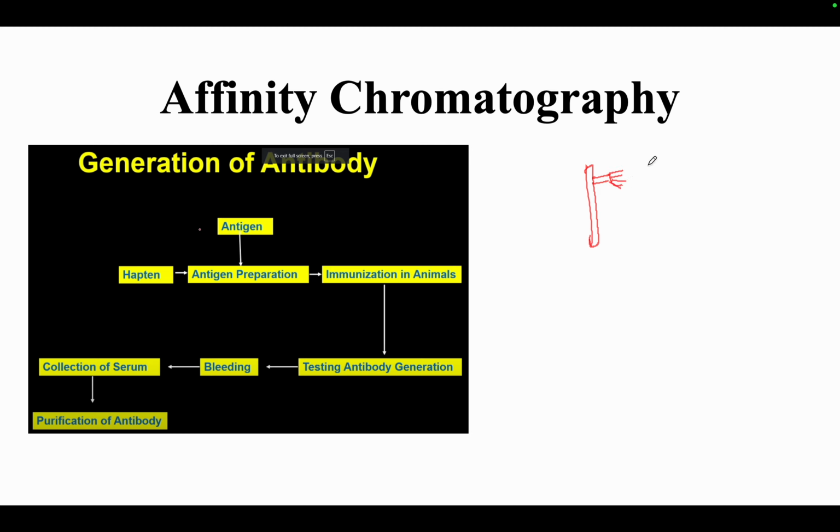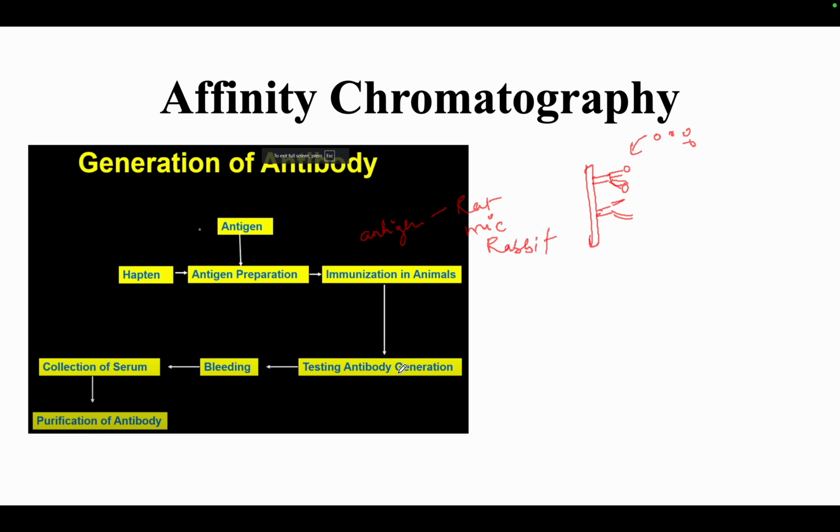Okay, so how do we make these antibodies? It is very simple. We can do an antigen presentation in any animal model. That is, you can put the antigen inside the model organism. It could be either rat, mice, or rabbit, and then we can raise the antibodies.